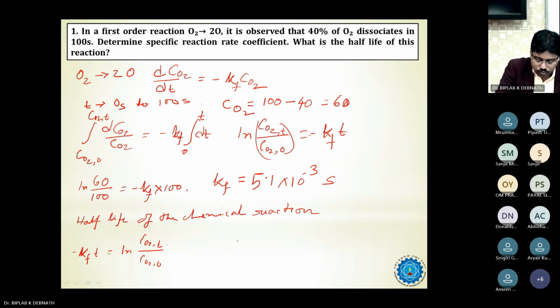So half life means what? What do we want to find out? We want to find out the time. So from this equation, time is equal to 1 by kf into ln of CO2 0 and CO2 at 50%, right?